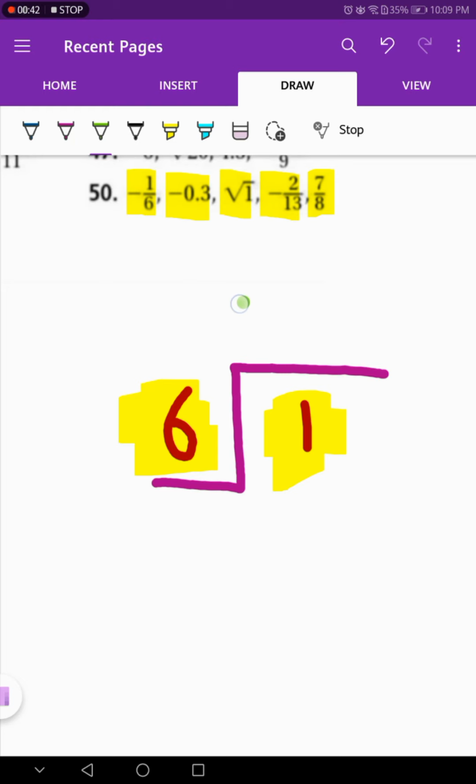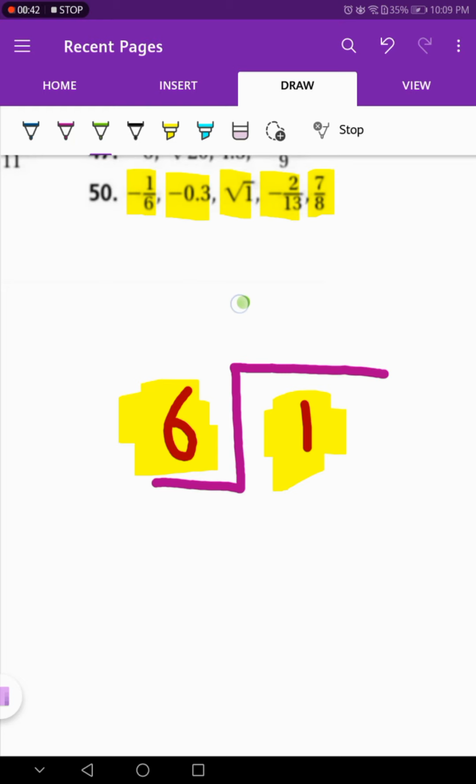Good. Then the square root of 8. Then the 2.9. Then 3, then 3.3, which is 10 over 3. Okay, my dear student.